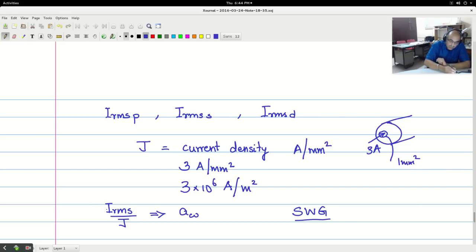You know the value of the RMS current, you know the current density in amps per square millimeter or amps per meter square. You will calculate some wire cross section area requirement. You go into the standard wire gauge table and pick that wire gauge which has a cross section area greater than this calculated value, and set that as AWP or AWS or AWD, depending upon which winding you are going to use it for.